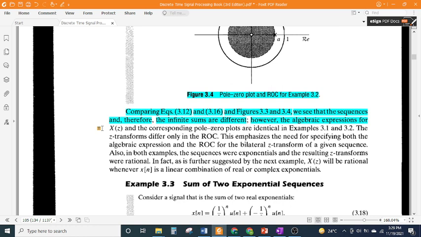Example 3.4 shows how the z-transform in Example 3.3 can be obtained in a much more straightforward manner by expressing x[n] as the sum of two sequences. Example 3.4 Sum of two exponentials again. Let x[n] be given by Eq. 3.18.